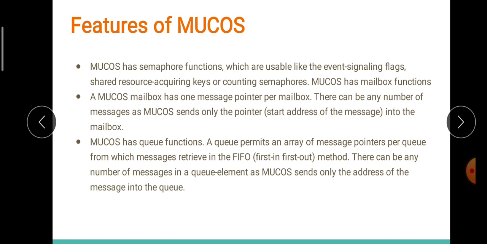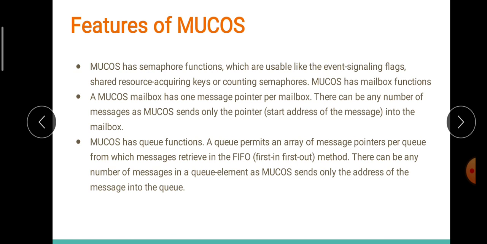In a single queue there can be a number of messages because, as we have mentioned earlier, MUCOS just sends the address of the message into the queue. So there can be a number of messages. So these are the features of MUCOS.